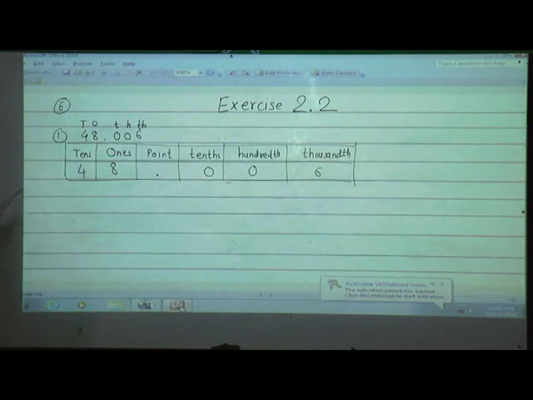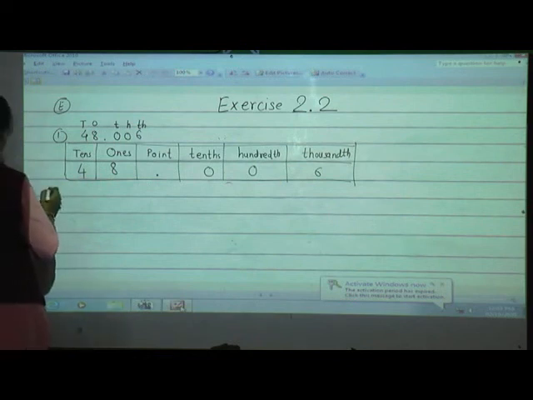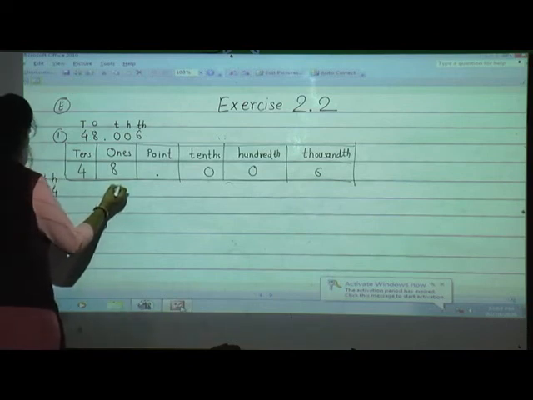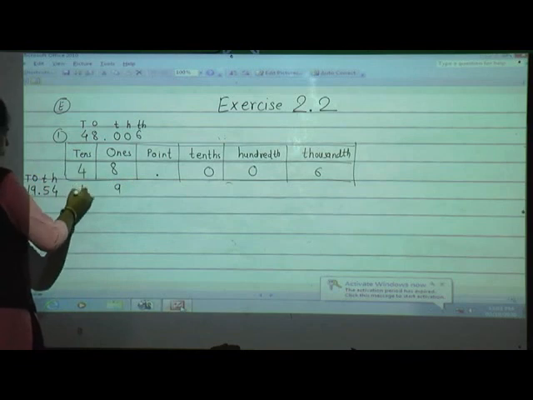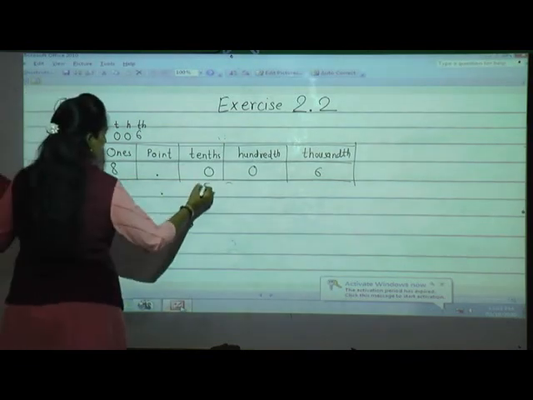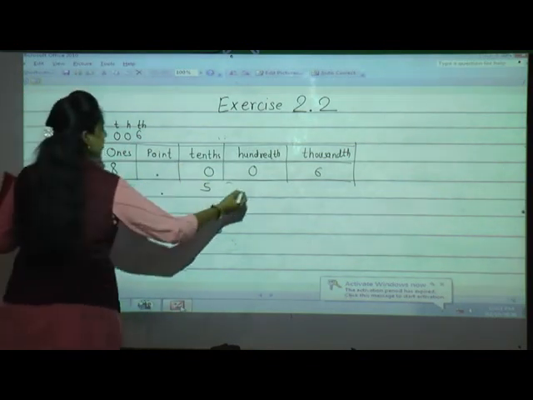Now in the same chart we can do second one also. Okay, see second one. What is the second one? 19.54. See 19, decimal before is ones and tens, and decimal after is tenths and hundredths. So 9 place into ones place and tens 1, then give the point, then tenths place is 5 and hundredths place is 4.